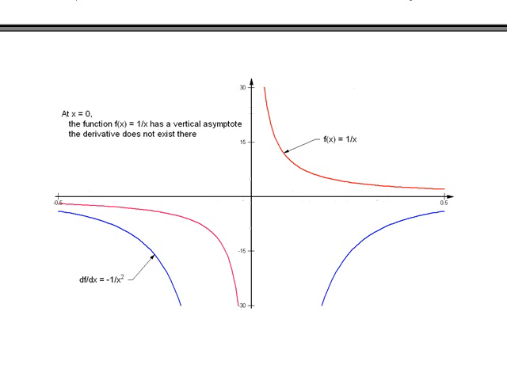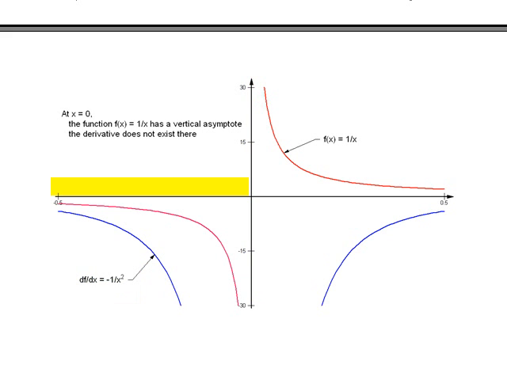And here's the graph of 1/x, not defined, of course, at x equals 0. And the blue lines are the graph of the derivative of 1/x. Notice that they're always negative. At first, you might think that's a little surprising, but look at the curve 1/x. When x is negative, look at the curve.